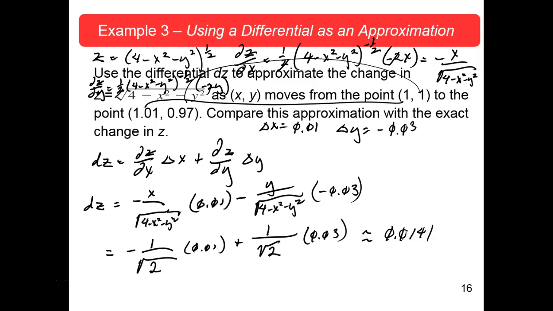0.0141. Okay? My guess is that's just a multiple of root 2. Now, a little bit easier way to have done this would have been to factor out the 1 over root 2. And then it would have been 0.03 minus 0.01, 0.02. And that would have been a little bit easier to do the calculation.